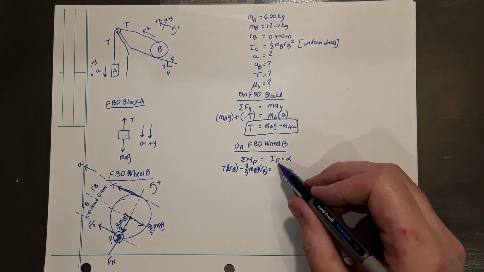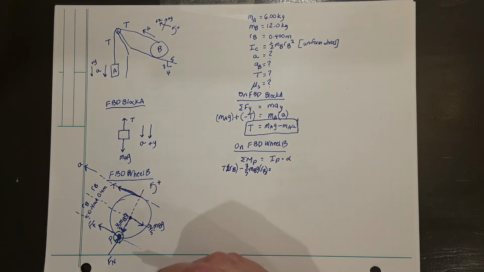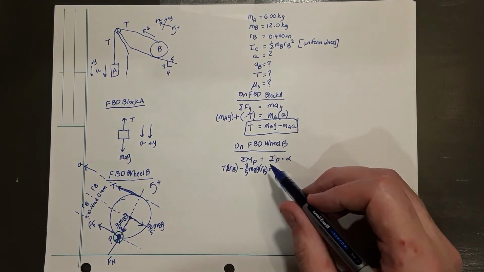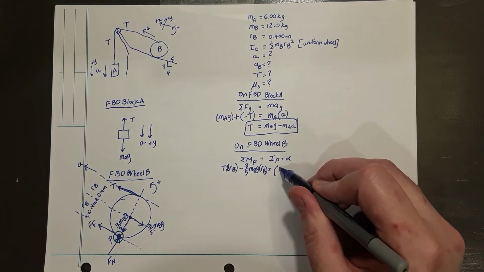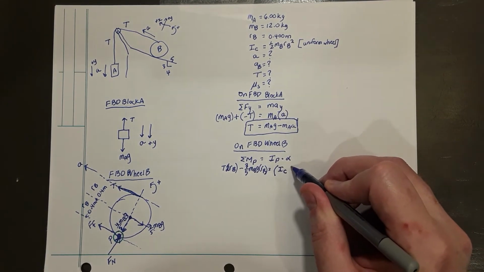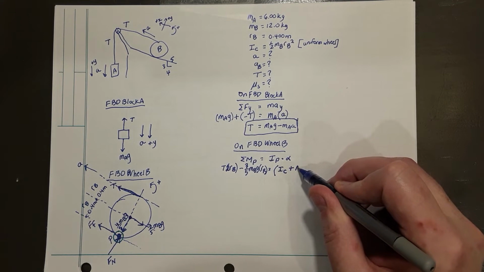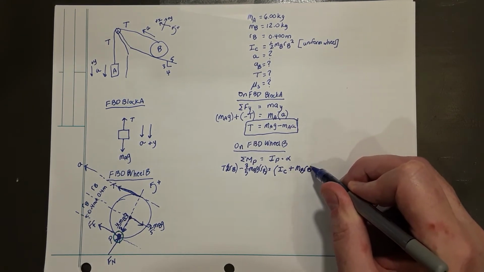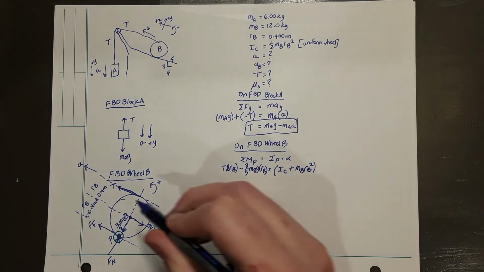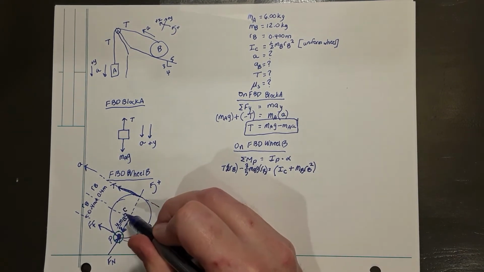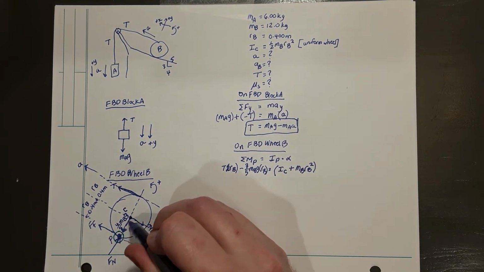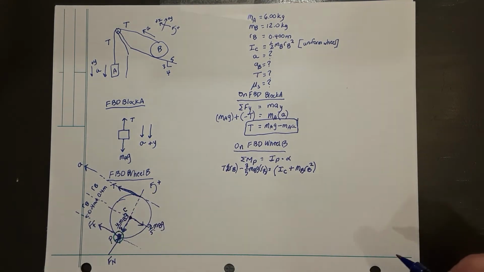On the right-hand side of this expression, we have the moment of inertia around axis P. That, using the parallel axis theorem, is the moment of inertia around the centroid plus mass B times the distance from P to C. The centroid of that object is at the center, and the distance from there to point P is a distance RB, the radius of that wheel.